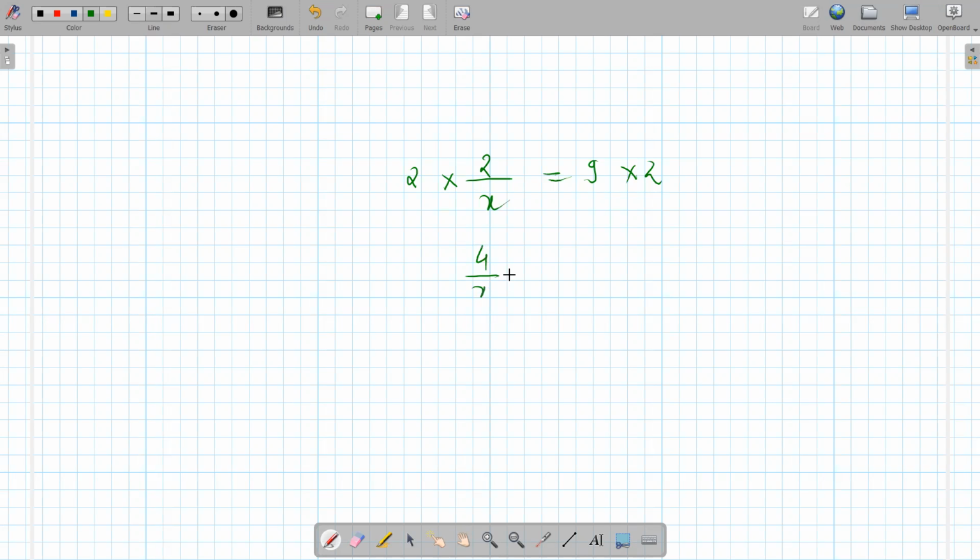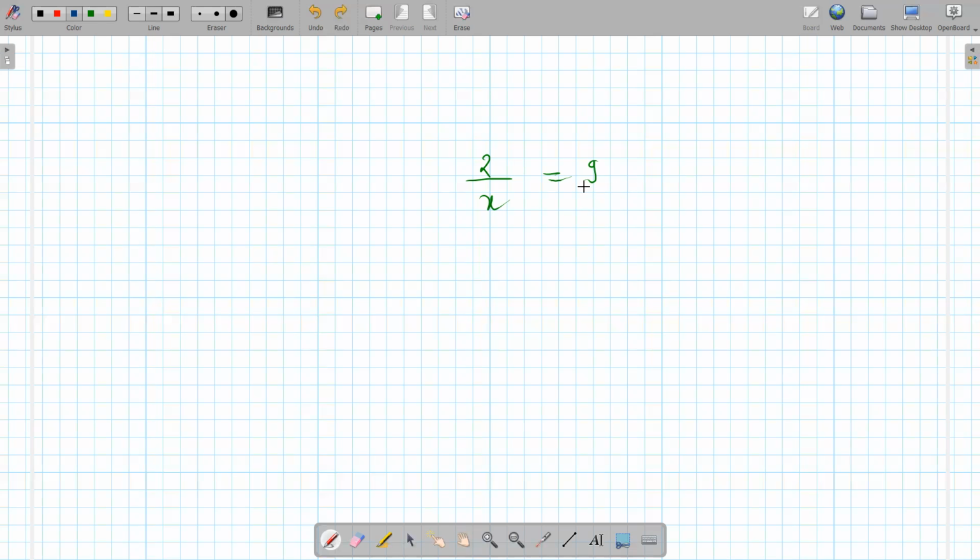Instead, you get 4 over x equals 18. It did not cancel out the 2. Multiplying by 2 is not right. Dividing? Better yet, I'll show you a technique. It is dividing, but you'll still have the unknown in the denominator. We don't want the unknown in the denominator.